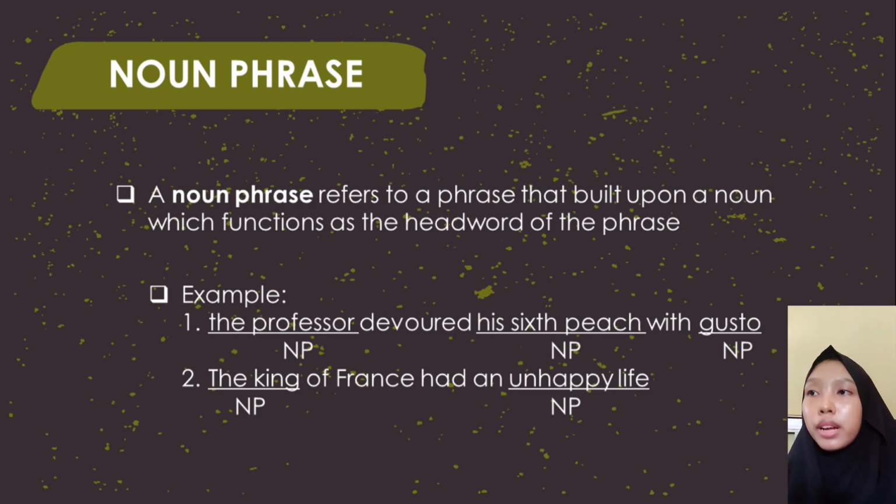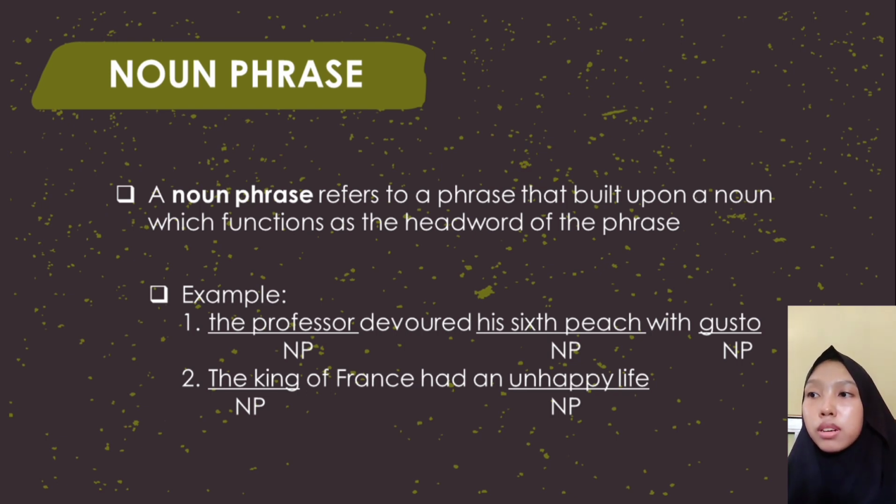And next, noun phrase. A noun phrase refers to a phrase that builds upon a noun which functions as the head word of the phrase. Example: the professor devoured his sixth page with gusto.